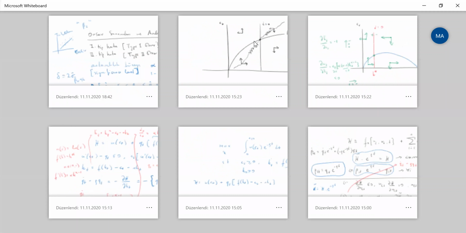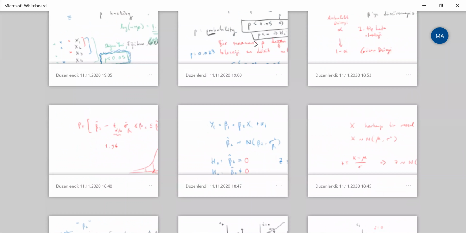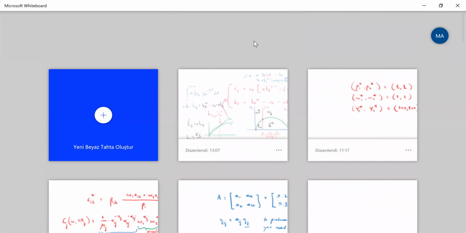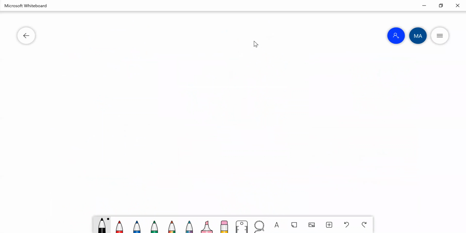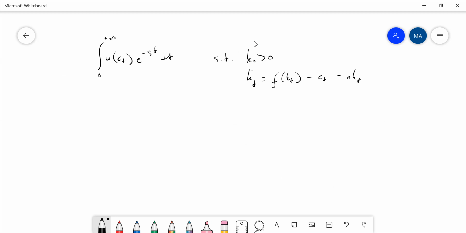If you recall the first of the conditions, let me use a new one. Once again, this is the problem, subject to k0 greater than 0, and k dot equals k_t alpha, so in general it is f(k_t), minus c_t minus n k_t.